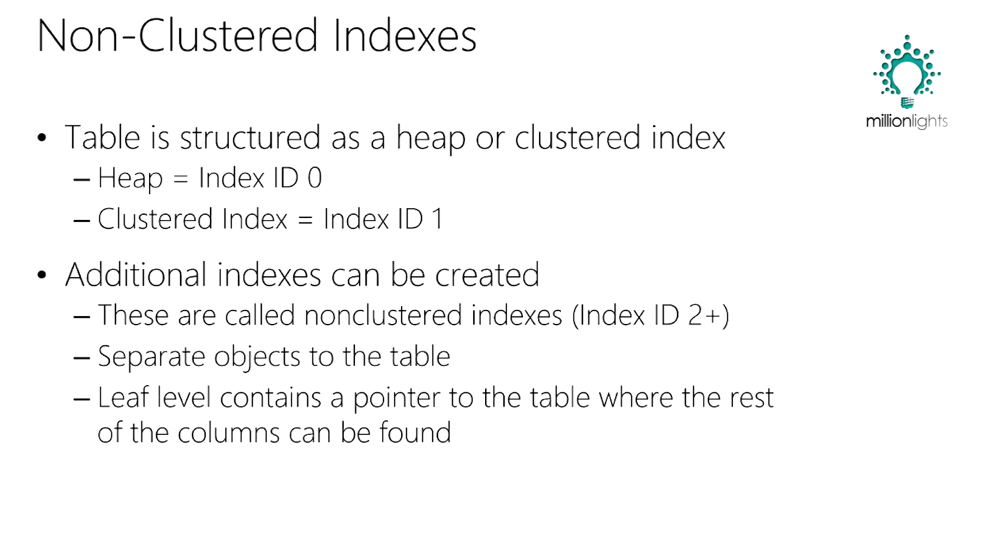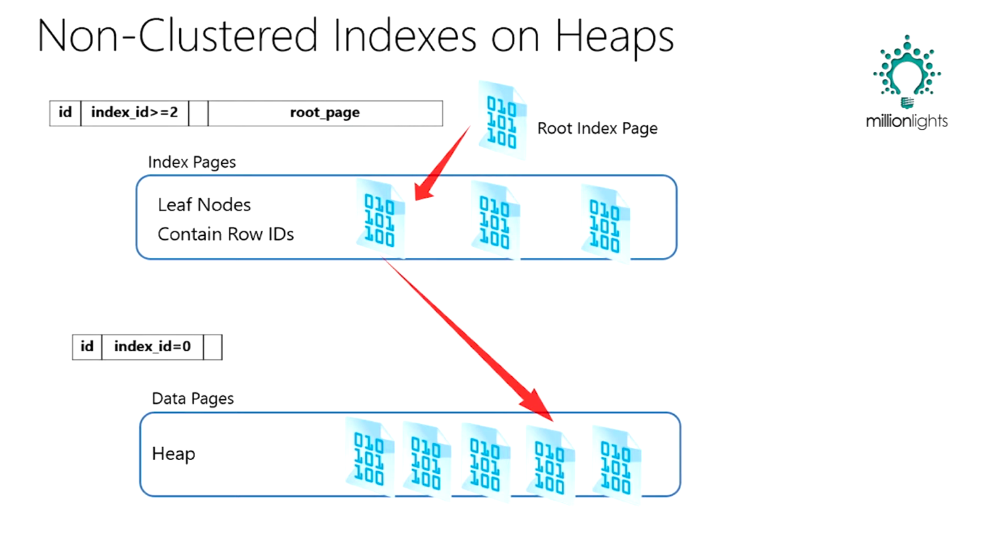But if you wanted specifically to read about non-clustered indexes, you may flick to the back of the book, where it will have non-clustered indexes and then the page number for you to find the rest of that information. That is the equivalent of this last bullet here, where the leaf level contains a pointer to the table where the rest of the columns can be found. So this is the page in the back of the book where you can find the rest of the information that you're looking for.